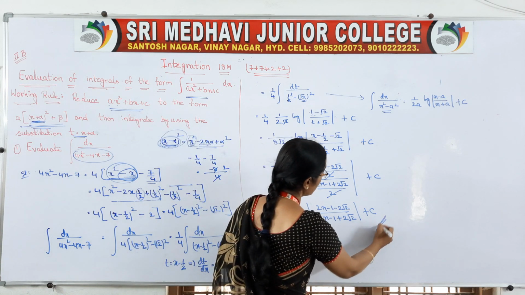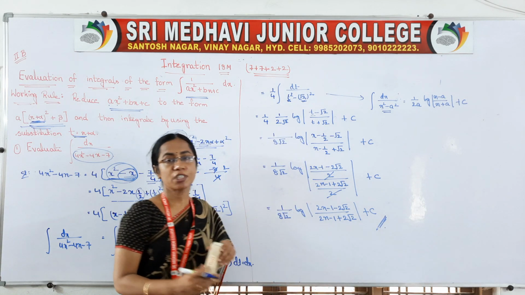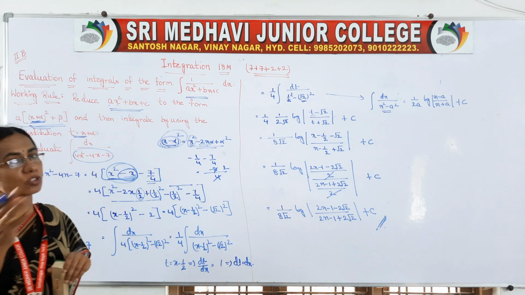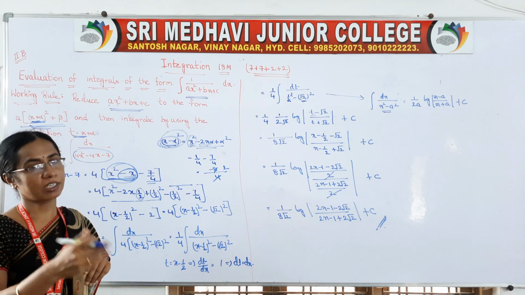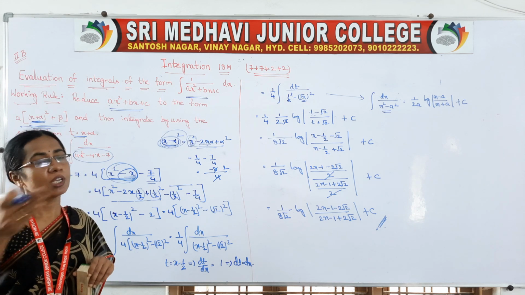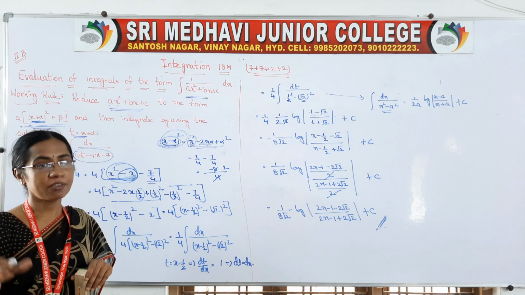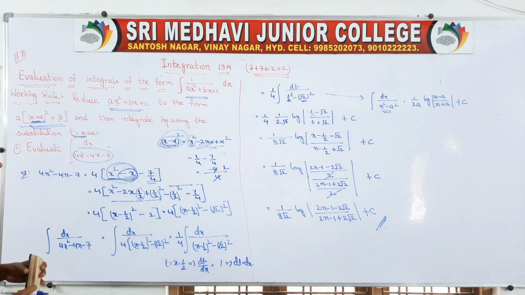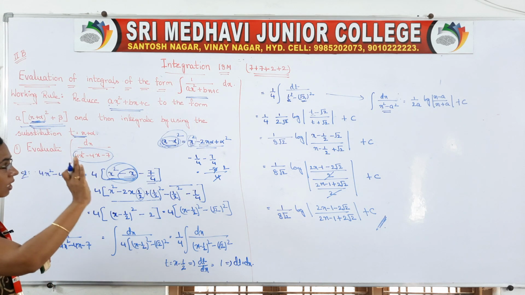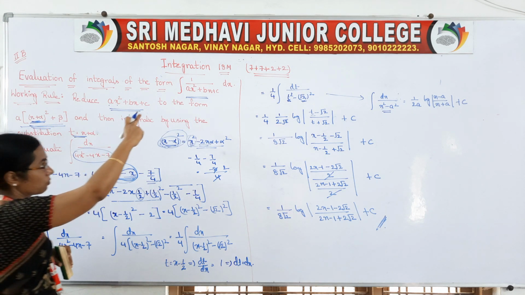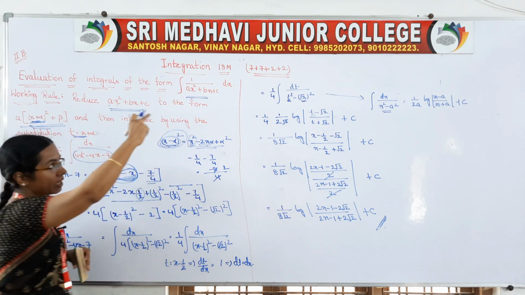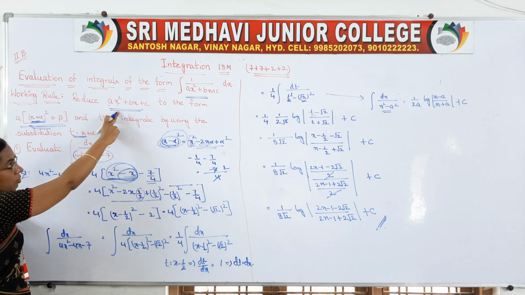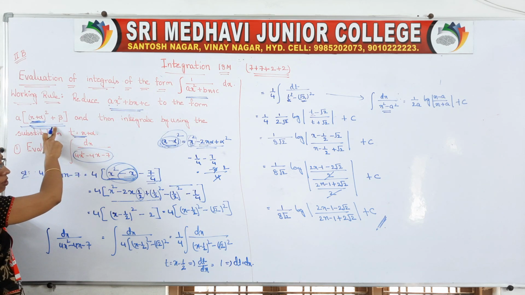Okay, so in all these problems, first you should know, you have to learn by heart the working rule here. So whenever the problem is like this, this is the working rule. Whenever the problem is in another form, the working will be like this. So these are the methods to solve our 7 marks problems. So always remember, whenever the problem is given in this form, 1 by quadratic form ax square plus bx plus c is equal to 0, we have to reduce that equation into this form.